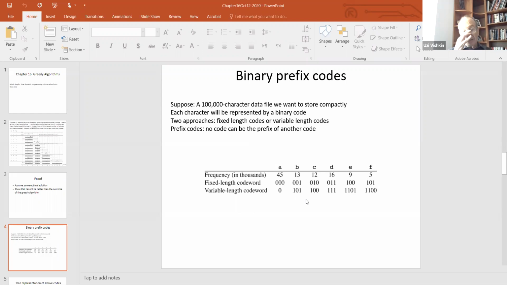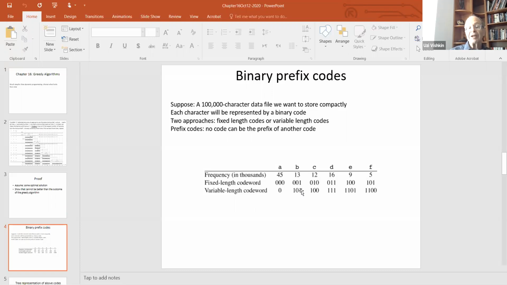Observe that if you give me a string, and if the first character is 0, I don't need to look further. I know it's an A, right? And then I can look at the next character. If the first character is 1, I look at the second. If it is a 0, I look at the third.